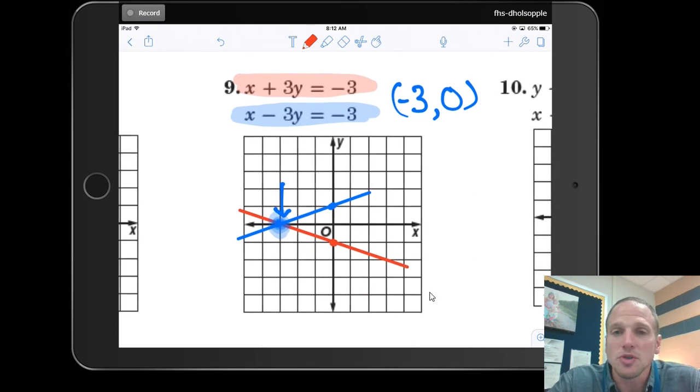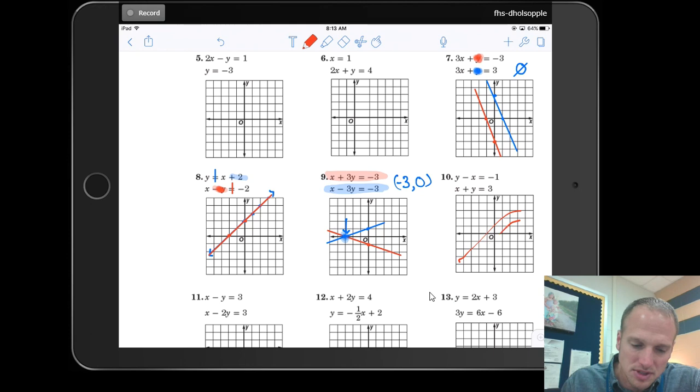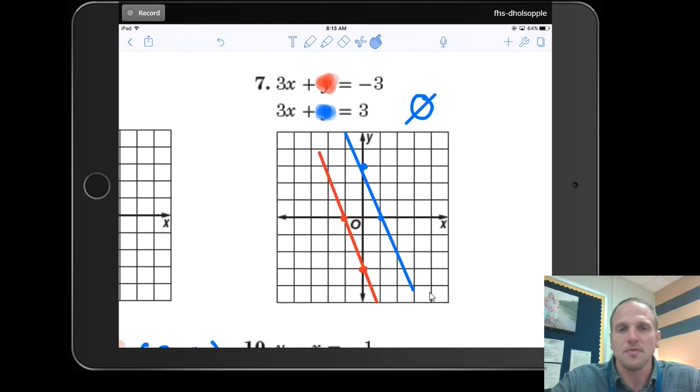Number 9, the solution was -3, 0, because that's where they crossed, right? We're looking for the place where the two lines are crossing, where the two lines are intersecting. So number 9, the answer would be -3, 0. If we look up at number 7, we see that those two lines were parallel.